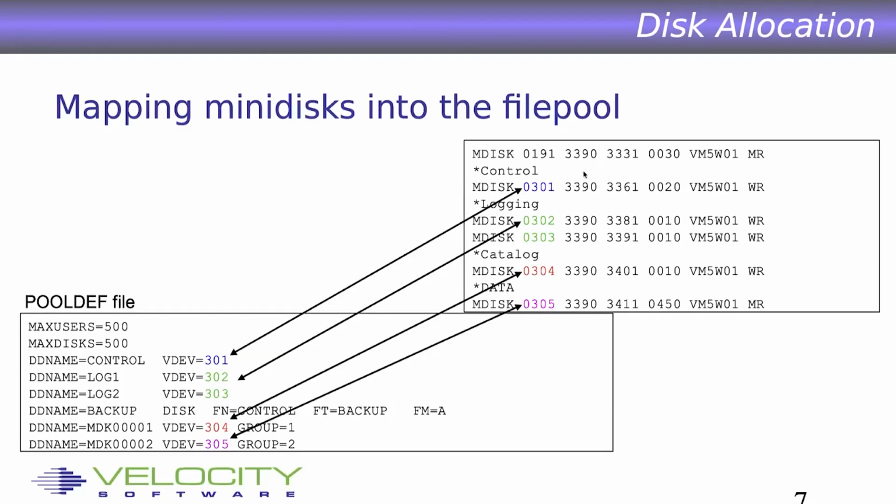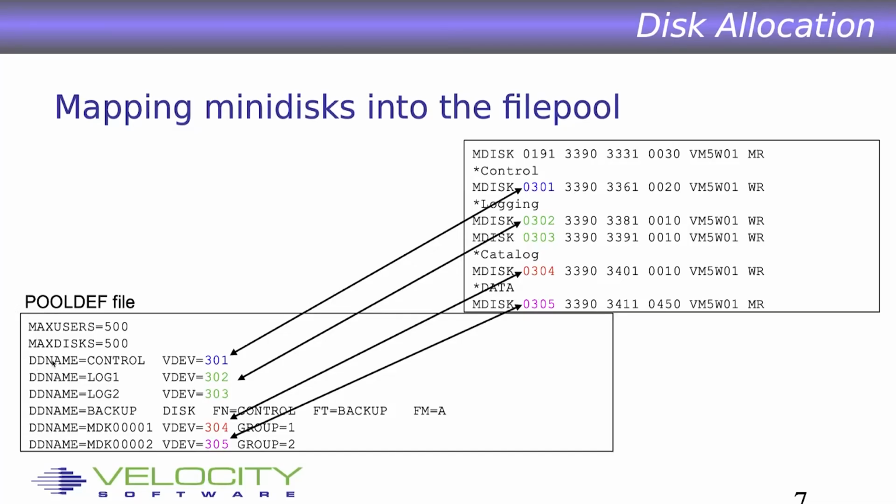So the way we map these mini disks into a file pool definition is here: the mini disks are again here on the upper right, and on the bottom left is a sample from something called a pool def file. The pool def file for the file pool server maps the file pool function to a specific mini disk.